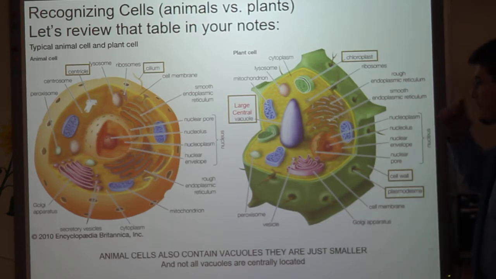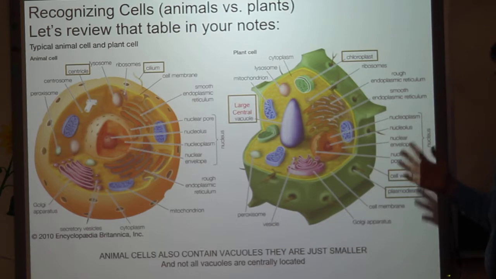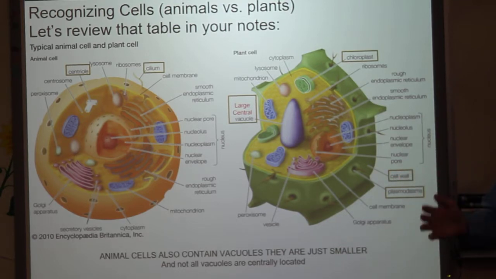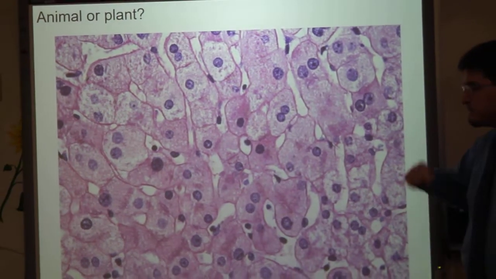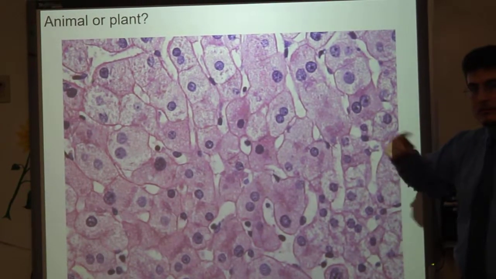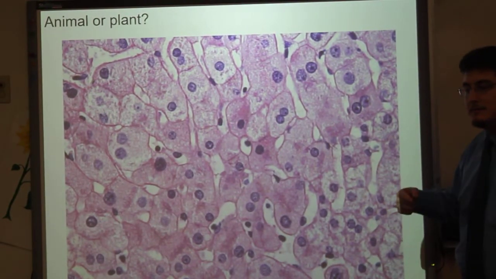Now I want to call your attention, and I want to see if you can catch this. Play along at home, if you will. Is this an animal or a plant cell? Maybe I'll Photoshop in a little rotating timer here. Probably not.